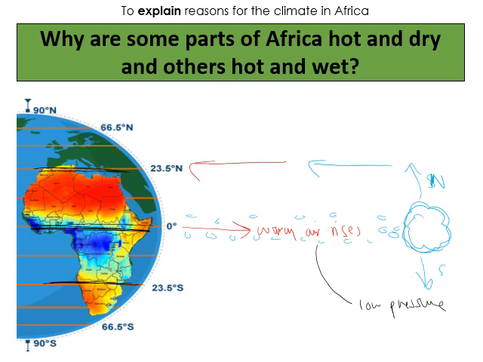So this cool, dry air sinks or descends, and then it gets warmer. Now, as it gets warmer, it's not able to cool and condense and evaporate.